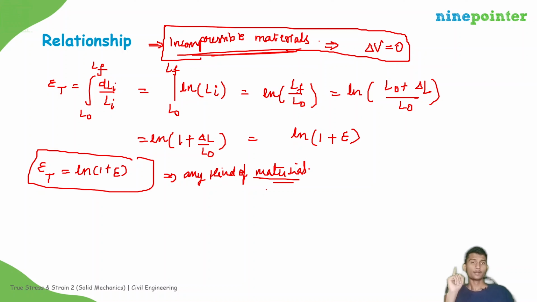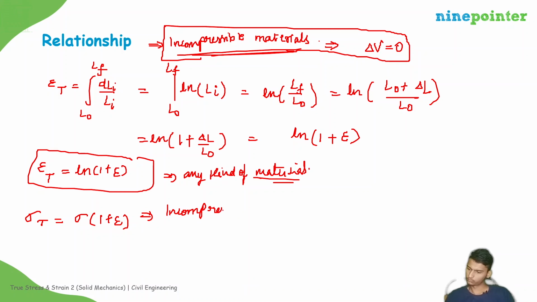But in the case of true stress and engineering stress relationship, we assumed that the material is incompressible. So sigma T is equal to sigma into 1 plus epsilon, for incompressible materials. Okay, so this relationship is valid everywhere, and this relationship is valid for incompressible materials.